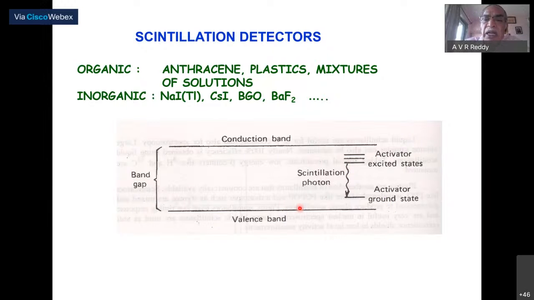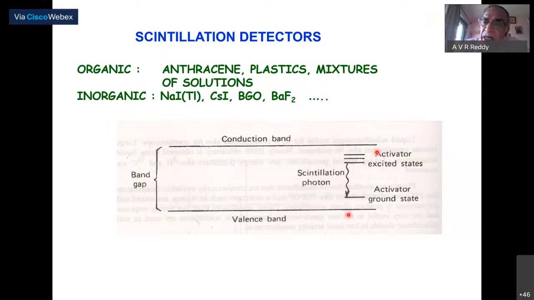Remember that when radiation interacts with sodium iodide thallium, it can transfer energy which will take an electron to the conduction band. While coming back, it may come directly or it can come through the activator excited state and de-excite to the ground state, and this energy gap corresponds to the visible region. And it is not the only process.